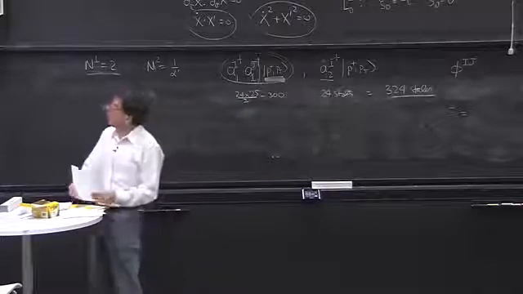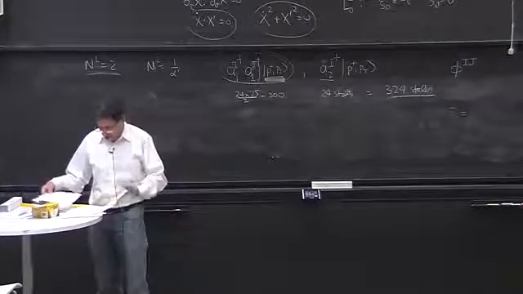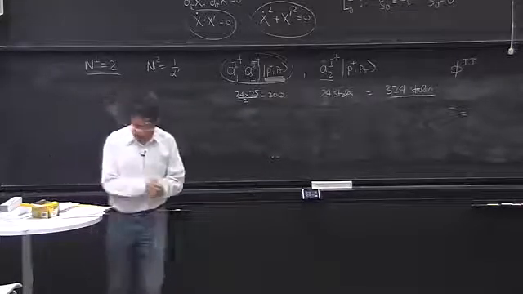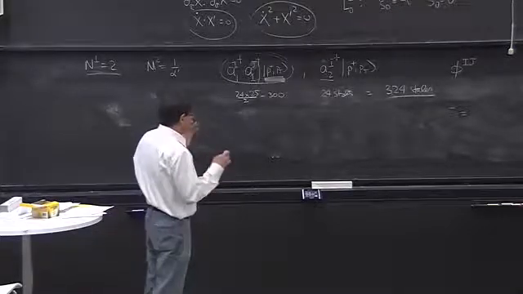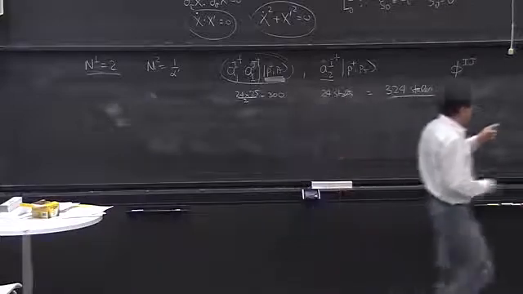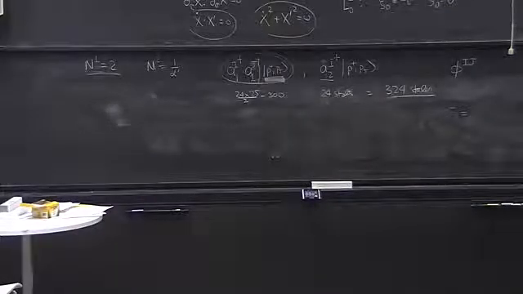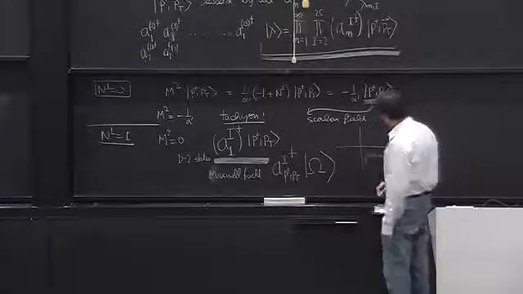So I want to make 2 comments about the open string and then introduce one little thing about the closed string and finish there. Comments. First, the tachyon. So what is it about the tachyon? It shows some instability.